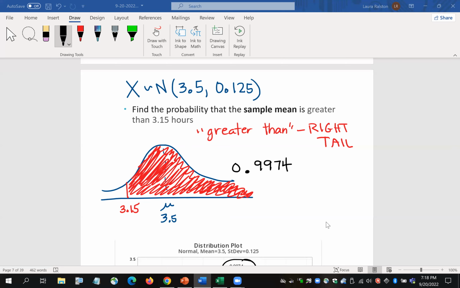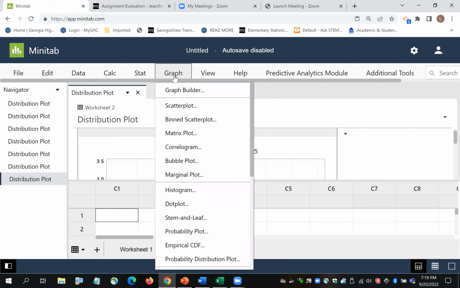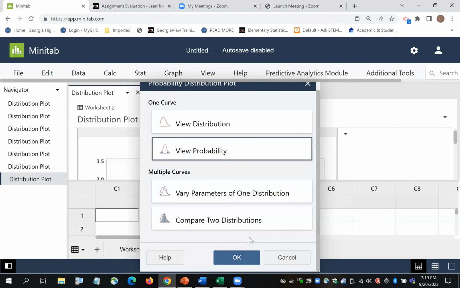Okay, my first thought may be, are you using the web version or the web app version? I'm going through it with you. I'm opening it up and went through the GHC one. Okay. So how far are you getting? Does it let you choose graph? It does, and I can get down to the probability distribution plot. And I select the view probability and click OK.